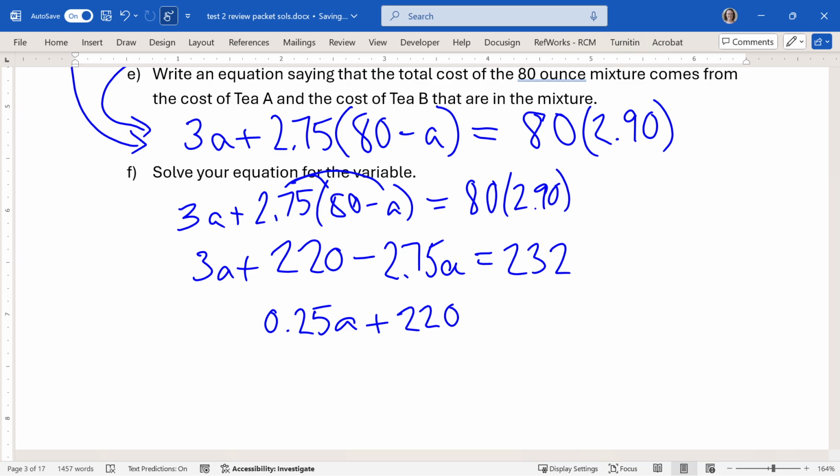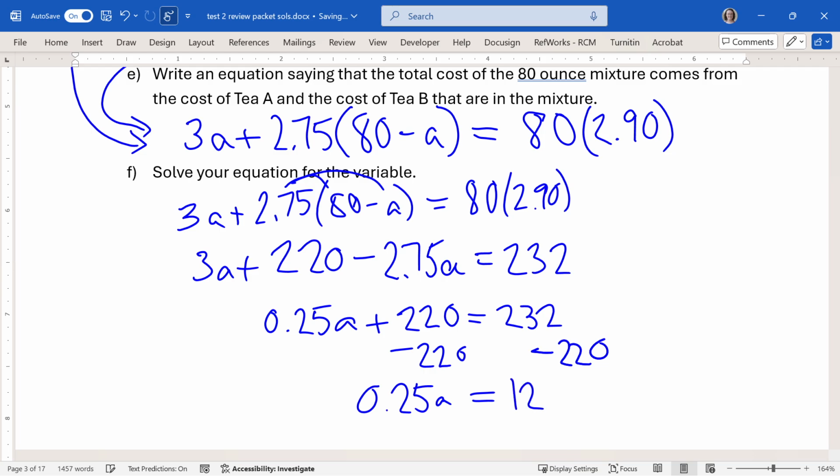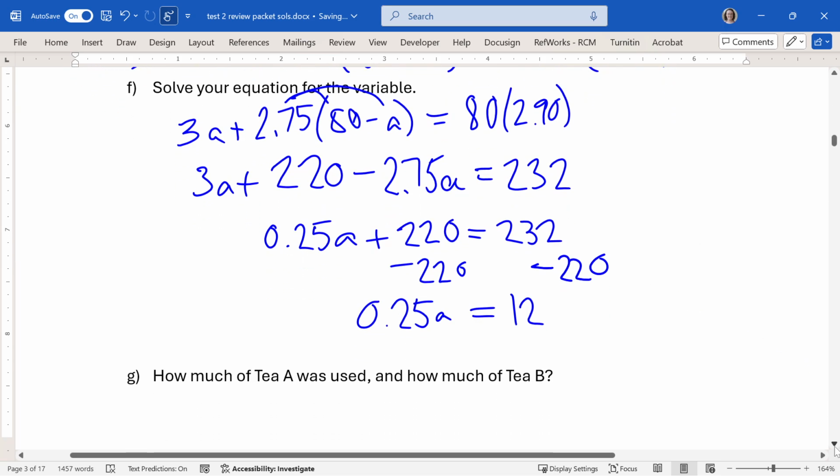So on the next step, I'm going to subtract that from both sides. So I'm subtracting 220. Okay, so now I have 0.25A equals 232 minus 220, which is 12. Okay, so now for the last step, I'm going to divide both sides by 0.25.